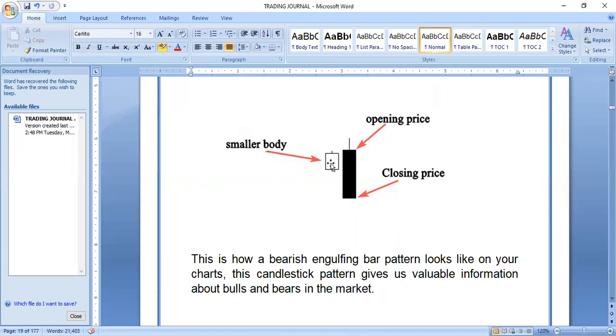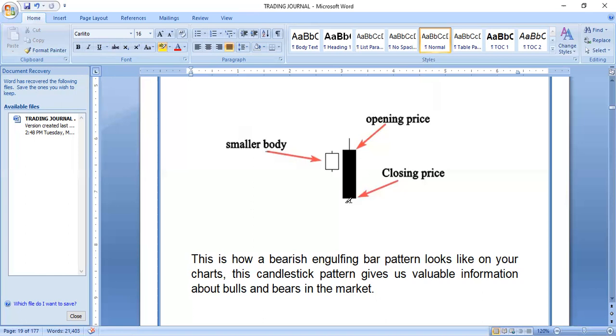You can see this one is a bearish candle. It means the price opened higher and closed low. That's for a bearish pattern. So as you can see in this particular case, this candlestick engulfed this one fully, meaning it surpassed the size of the previous candle. That's why we call it an engulfing.